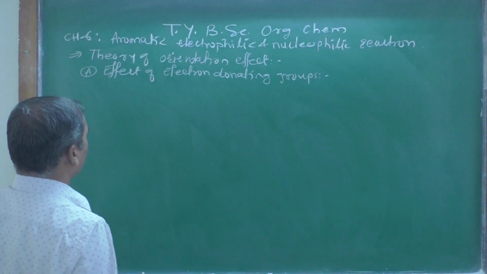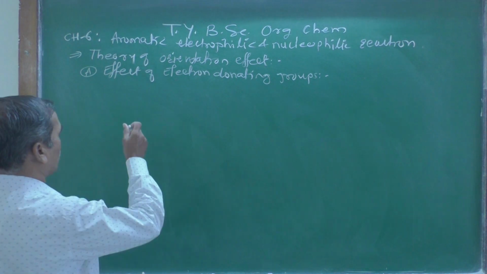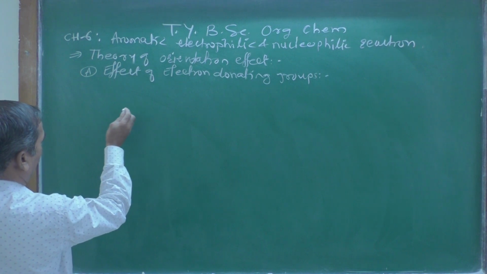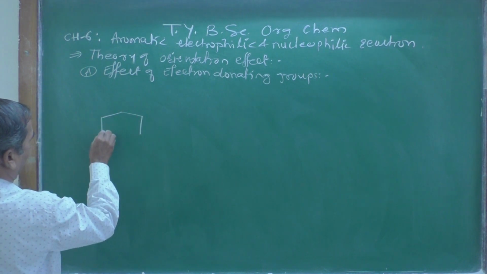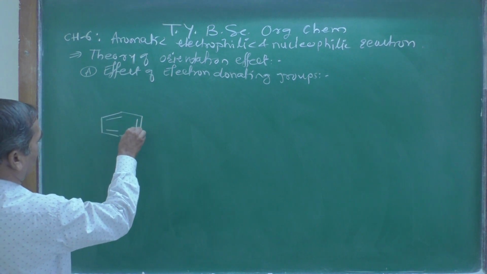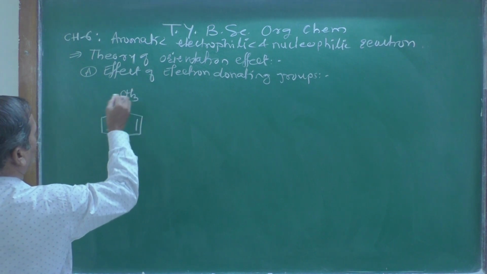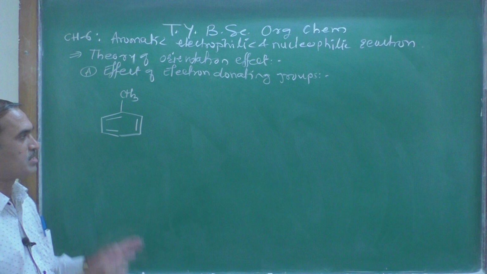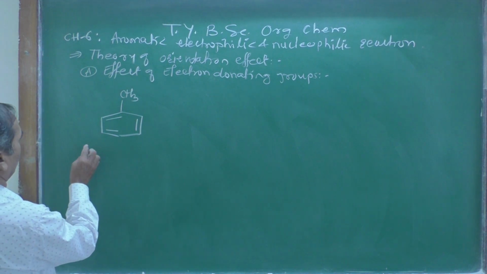Let us see. As we know the effect of electron donating group, and as we know that alkyl groups are electron donating groups, here I am drawing the structure of this compound. Everybody knows that this is the structure of toluene, right?